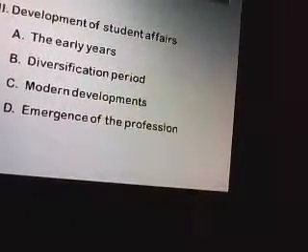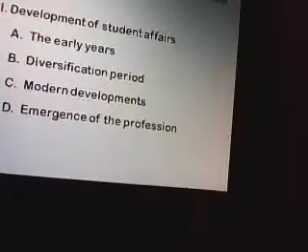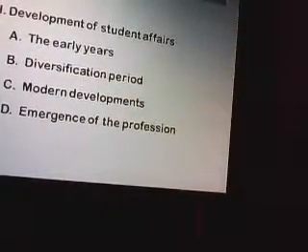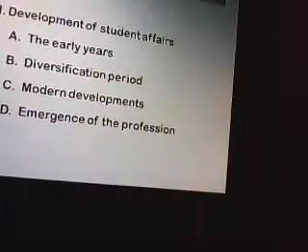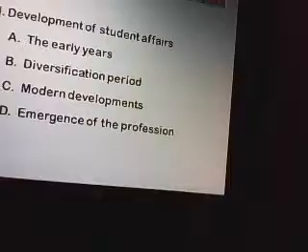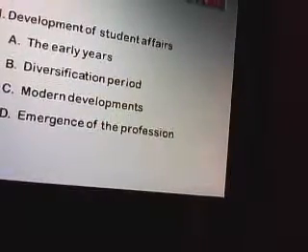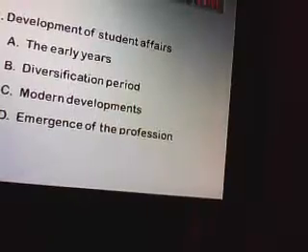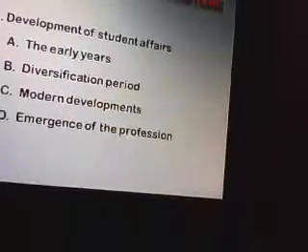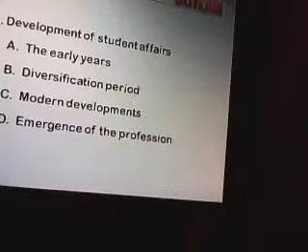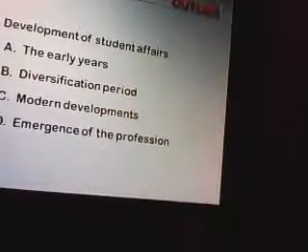After the early years, they went into the diversification period, and this was the changing imbalance in education. Now the regulations for student activities, faculty wanted different activities, regulations on what students could or could not do, especially because they were having difficulty with their behaviors.